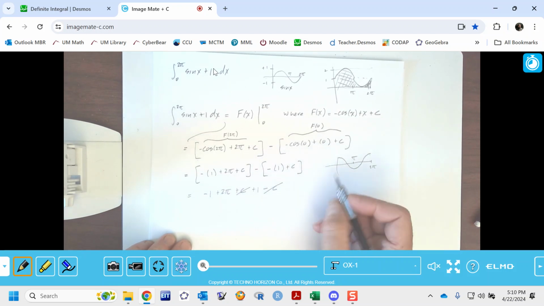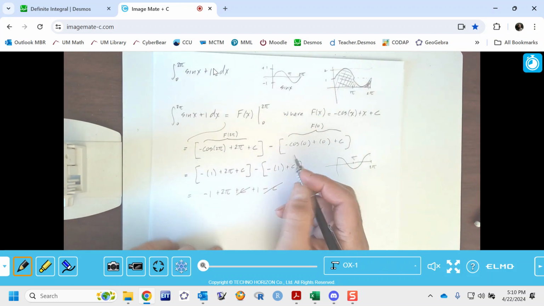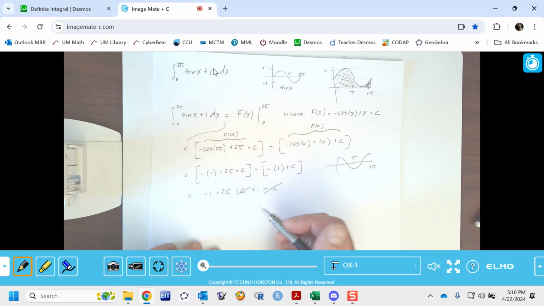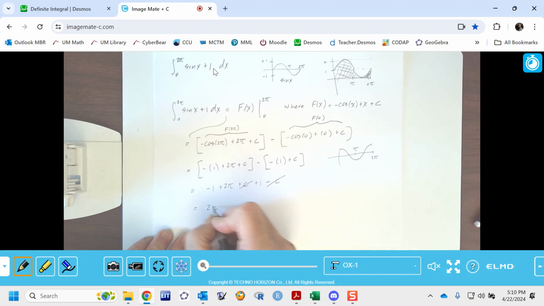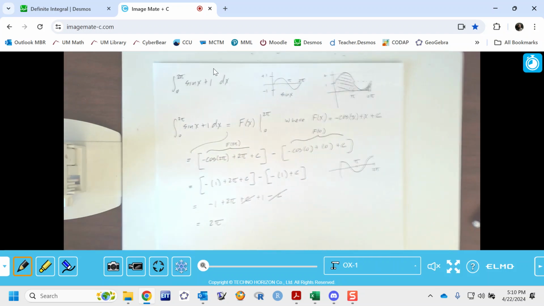Constants will go away. You can always ignore them under definite integration because they'll show up here and here, one positive, one negative. And the 1 and the 1 go away, and we get just 2 pi as our answer. And I'll tell you the realization I made when I was looking at this.